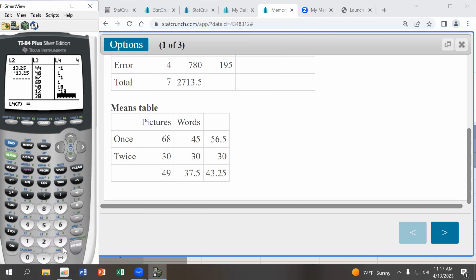A couple of you asked me, does it matter in which order you subtract? Doesn't matter because we are going to square. So no need to worry there. 38 minus 30, 8. 22 minus 30, negative 8.